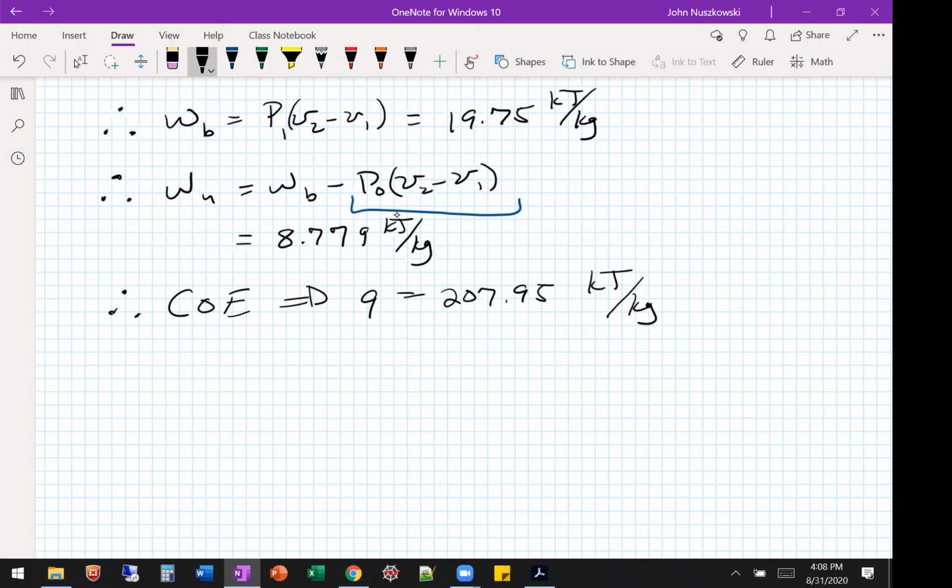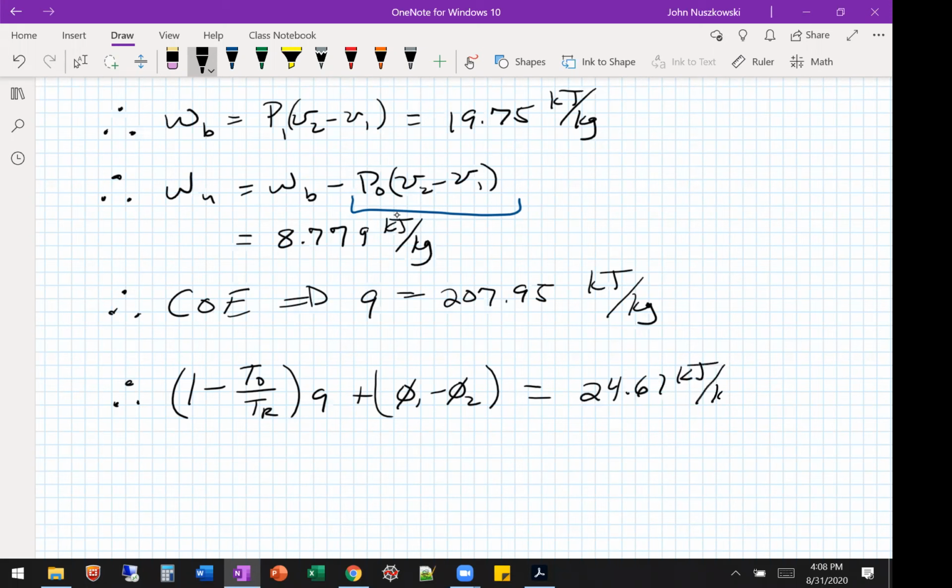And then last is our exergy expended. So going through and getting our non-flow exergy, solving and putting it with our exergy from the heat transfer, we get 24.61 kilojoules per kilogram.